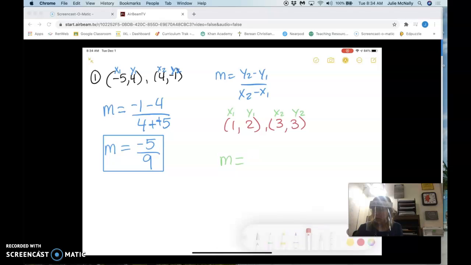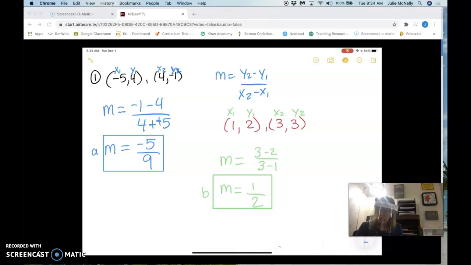Oh, well, they're both 3, so I did it right. Okay. 3 minus 2 over 3 minus 1. And 3 minus 2 is 1, and 3 minus 1 is 2. So the slope of the second line is 1/2. So this was line B, and this was line A. All right, and that's it.